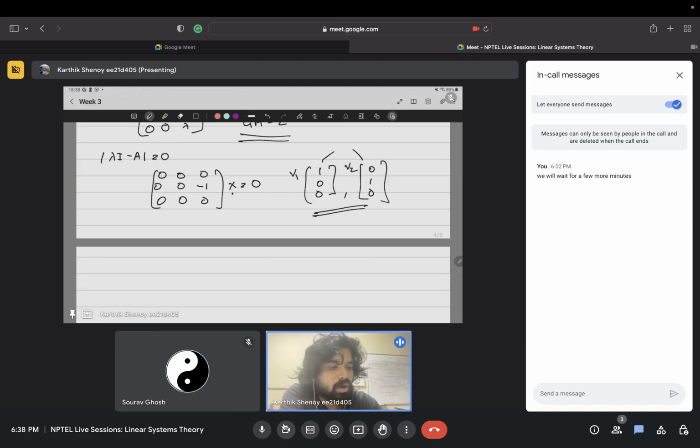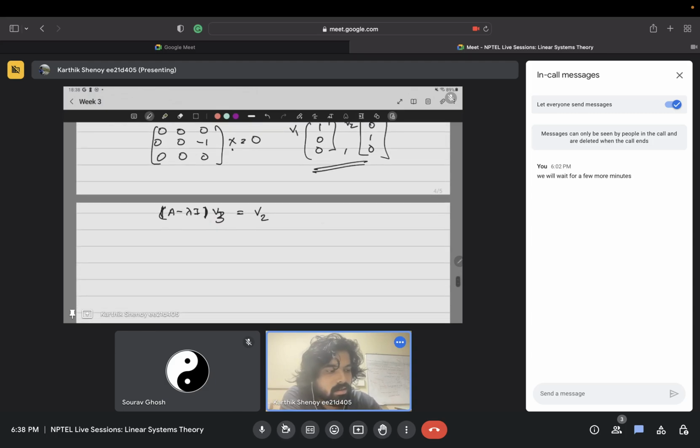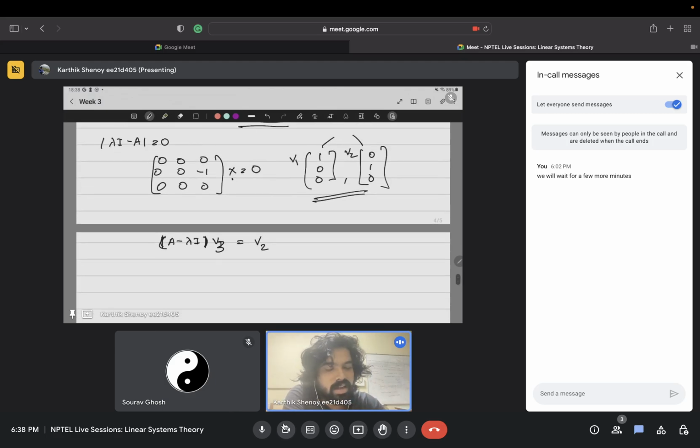So what you can do is (A minus lambda I) V1 is equal to V3, or V2 or V1, it does not matter. Basically what you are trying to do is project some vector which is outside this plane onto this eigenspace.